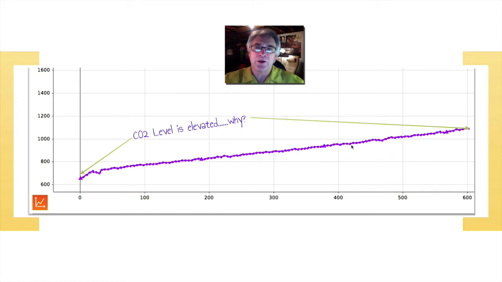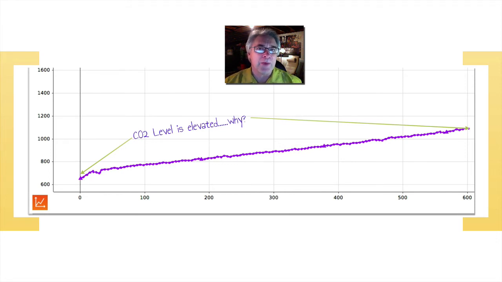We put them in a beaker, surrounded them in water so we can keep the temperature constant. We shone a light on one, and the other one, of course, after that 10-minute period, we would wait 3 minutes, then go for 10 minutes of showing light on it or exposing it to darkness, and then take those levels. So each one represents a 10-minute run, either in darkness or in light.